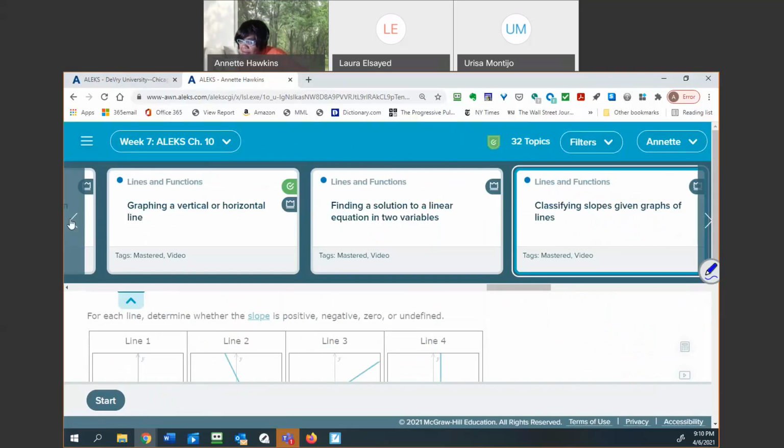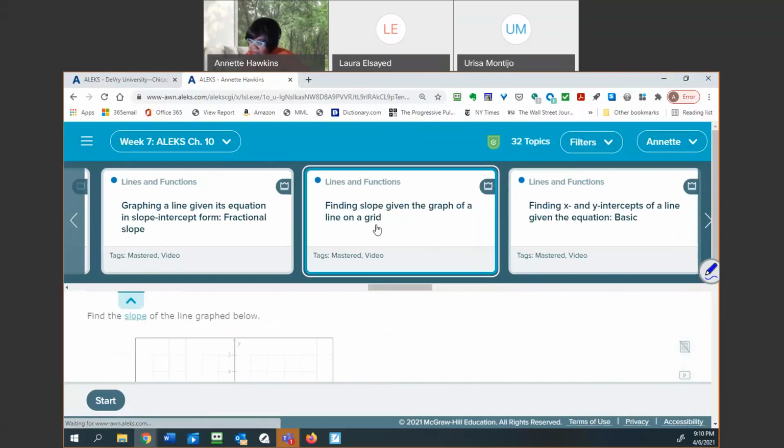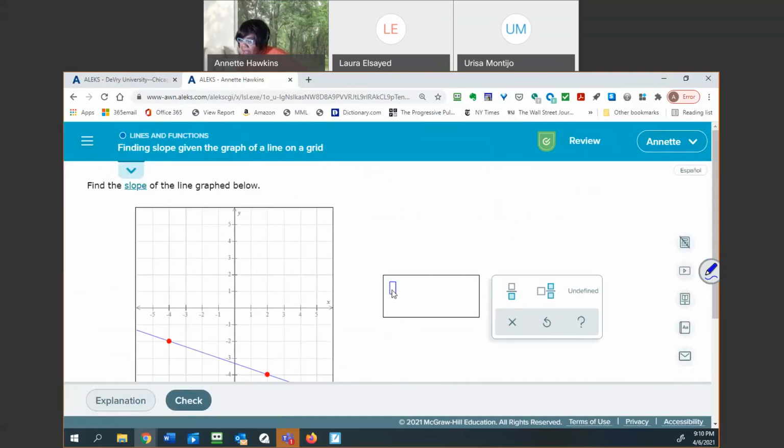Okay, so finding the slope on a grid. Okay, all right. So finding the slope when you're given the line, okay? You can do this 2 ways, okay? You can get the ordered pairs of these points because it's highlighted, or you can just use a geometric way to do it. So I'll do it 2 ways, okay? Given the line, find the slope.